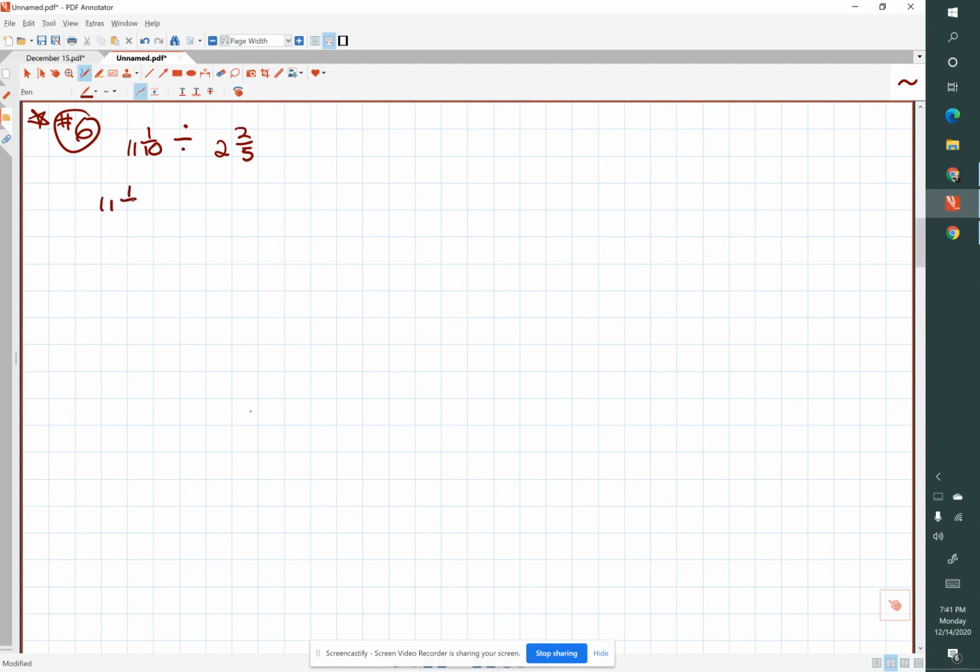So 11 and 1/10 would be 11 times 10 plus 1 over 10, which would equal 111 over 10. 2 2/5 would equal 2 times 5 plus 2 over 5, which would equal 12 over 5. So now we have 111 over 10 multiplied by 5 over 12.